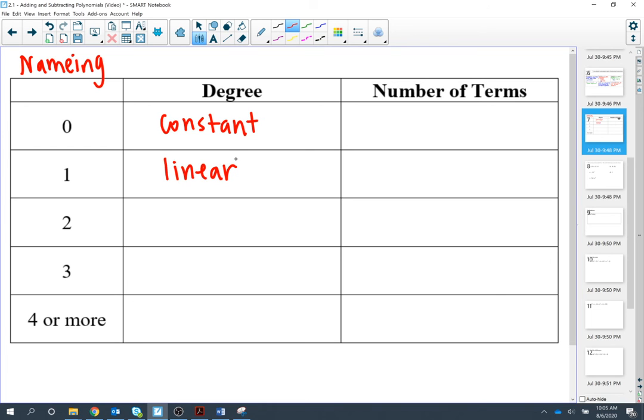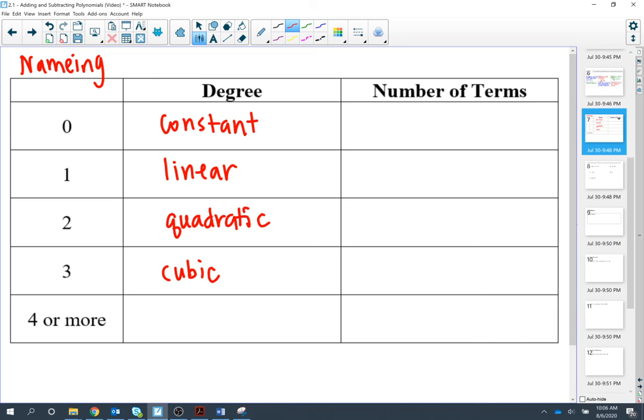At this point, I want you thinking about a linear graph. Last year when you graphed linear equations, it was y equals mx plus b, which is y equals x. That x has a degree of 1 on it, hence linear. If it has a degree of 2, we call it quadratic. These are the types of graphs you're going to be graphing this year, like y equals x squared. They're going to look quadratic. If it has a degree of 3, you call it cubic.